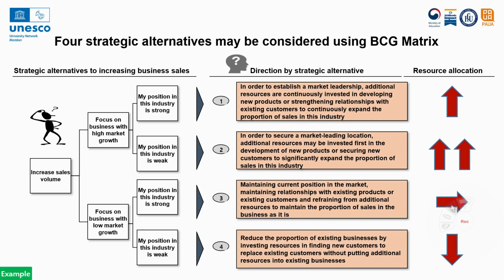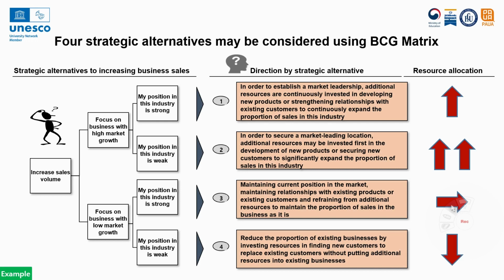So finally, you may have four different options. One is you focus on the businesses with high market growth and your position in that industry is strong. That is something like the area of the star.